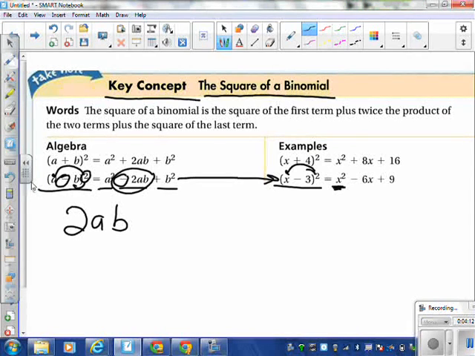You're going to square the second number, which is 3 squared, or negative 3 times negative 3, gives me 9, and then I'm going to take this number and put it with the x and the 3. Taking the minus sign in with the problem. So what is 2 times x times 3? That's correct. 6x.